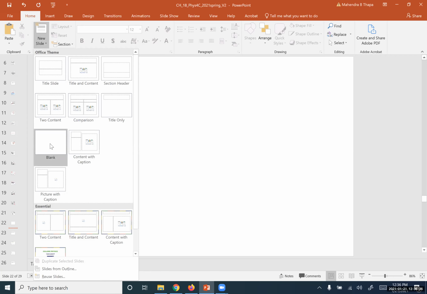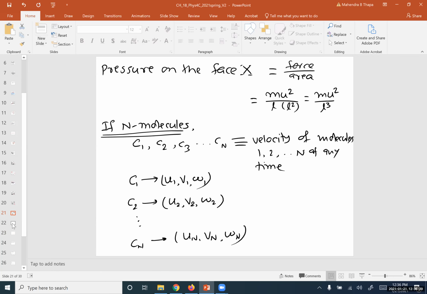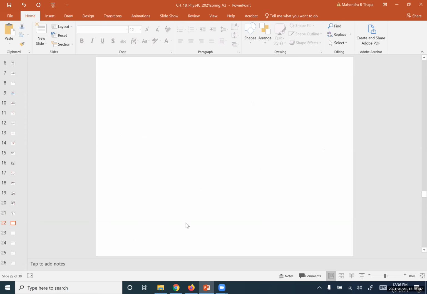Okay. So if this is the scenario, then let's find the total pressure on face x. Total pressure means we are considering n molecules, not just one molecule, so we have to add all those components.